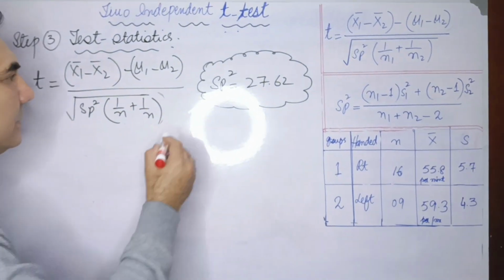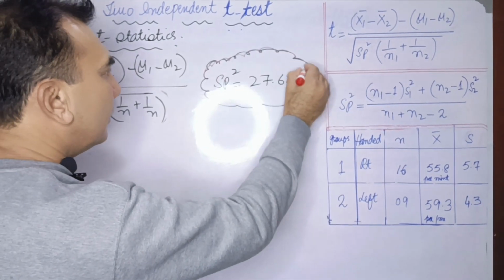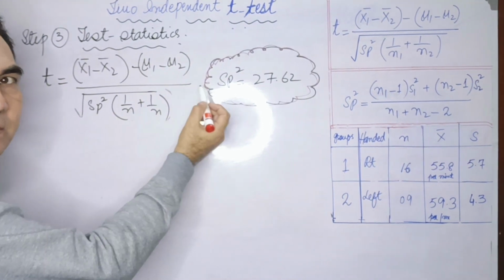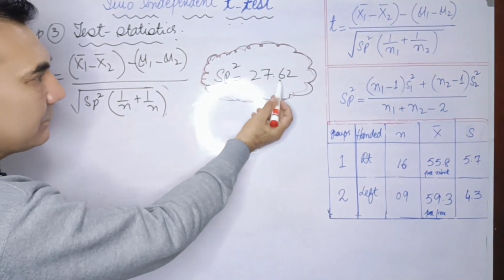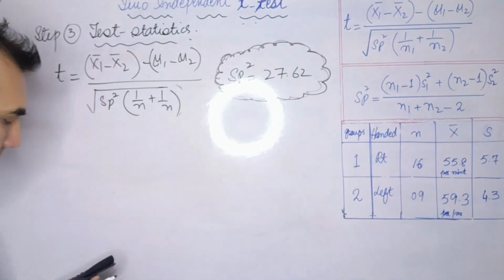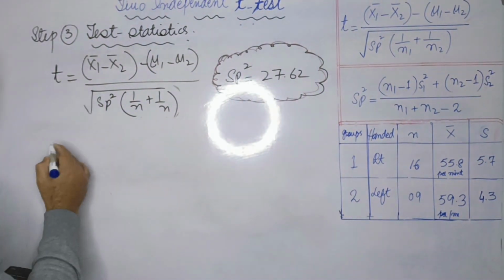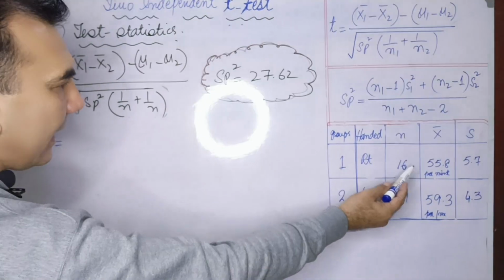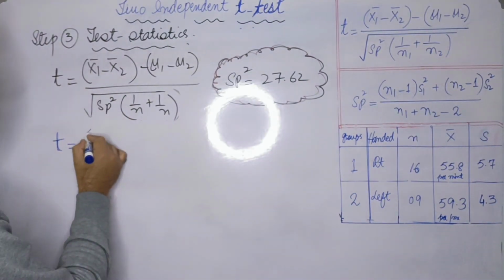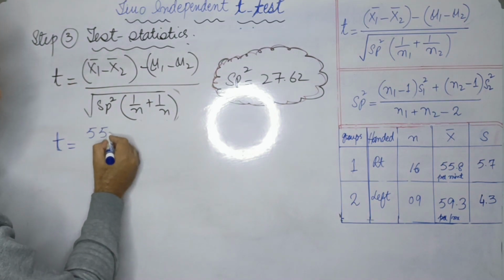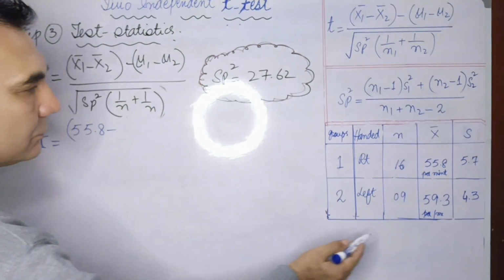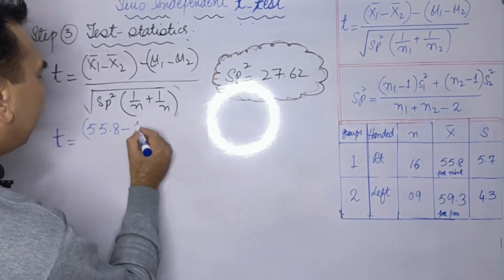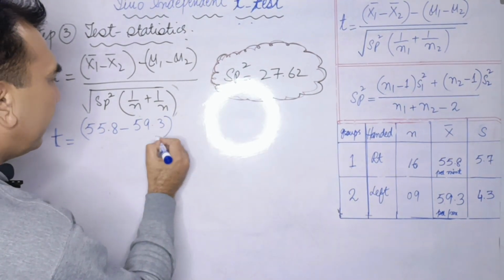In the first step, we calculated the pooled variance, and it comes up with the result of 27.62. Now we will solve the actual formula. T is equal to, what is the value of x1 bar? 55.8, minus x2 bar of the left-handed, 59.3.